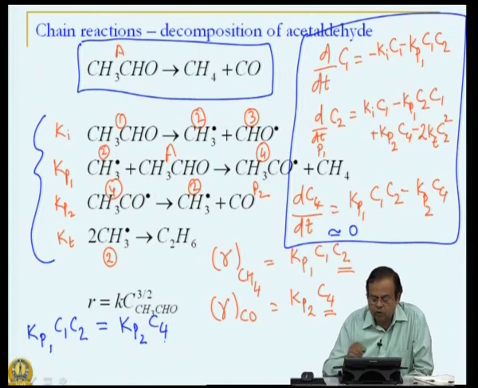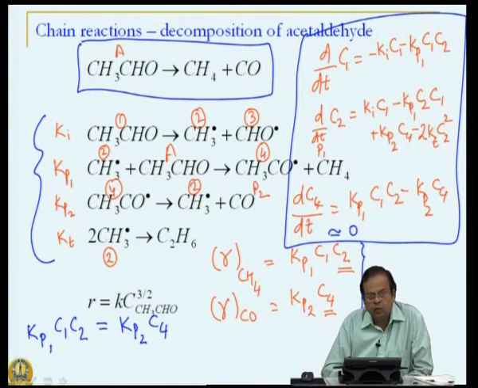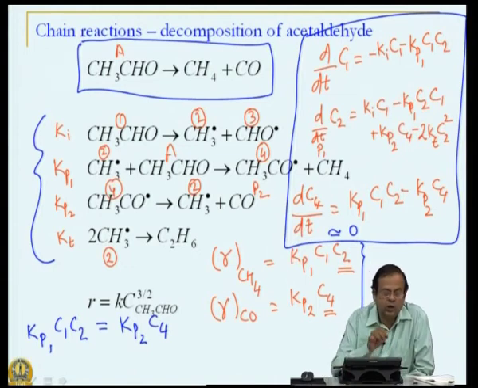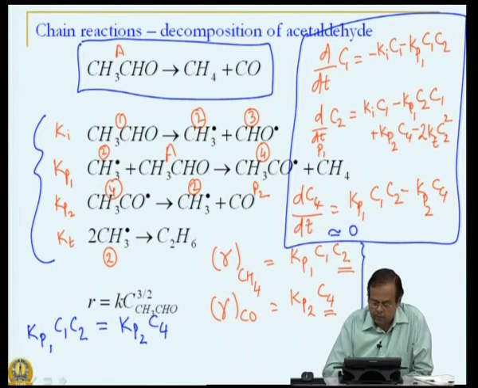Why are we doing this? Because we have our rate expressions which are in terms of C2 and C4 concentrations, and we do not know what these concentrations are. So, we want to eliminate them, so that everything is in terms of C1, because that is the only reactant over here, and P1 and P2, but they are not participating or there is no feedback. So, in this particular case it is not a reversible reaction.